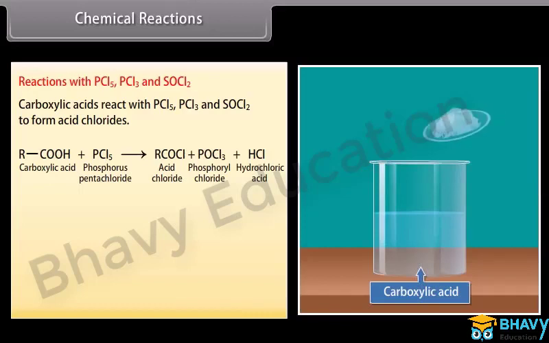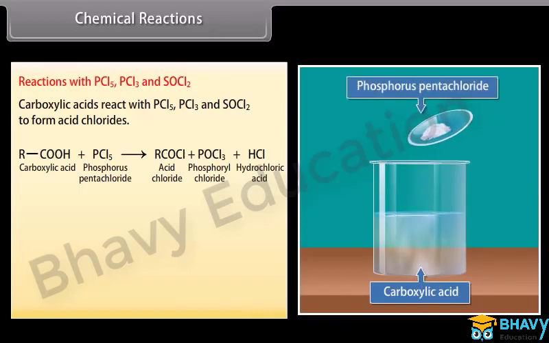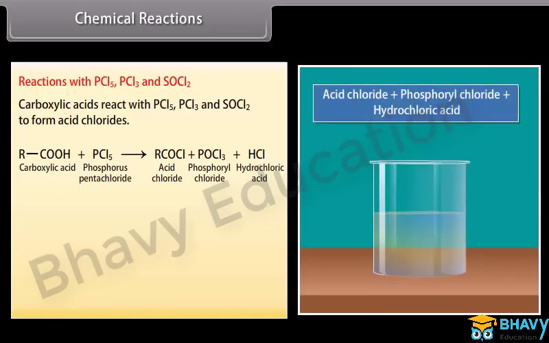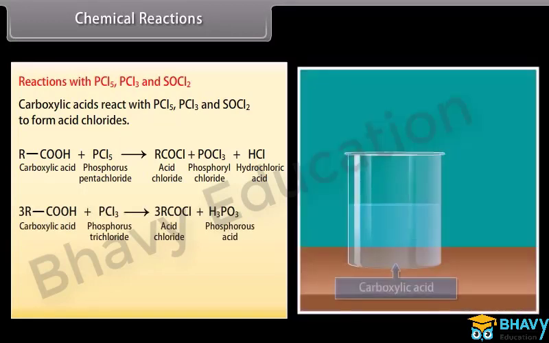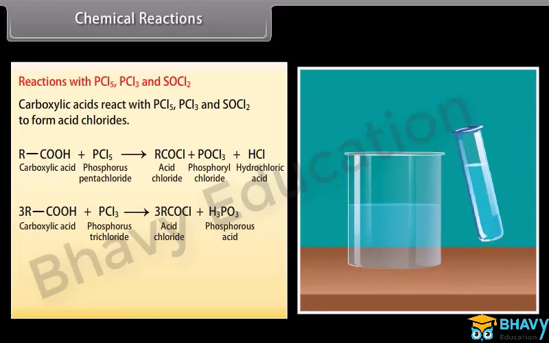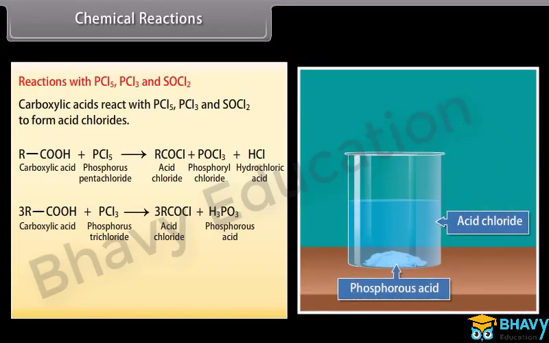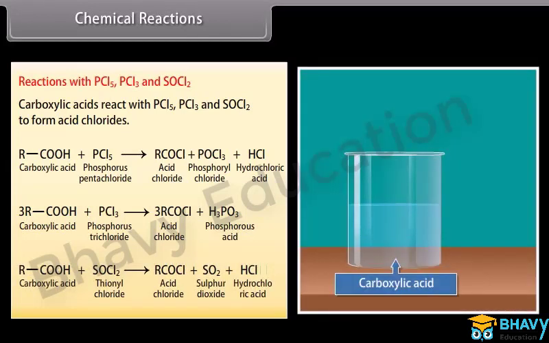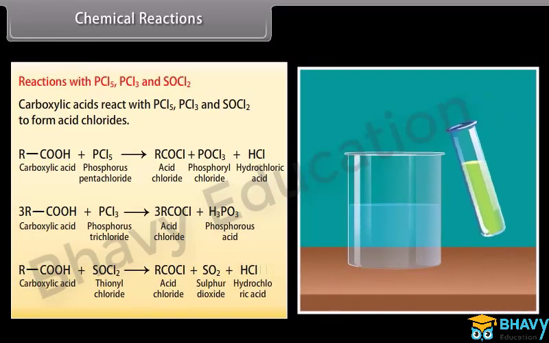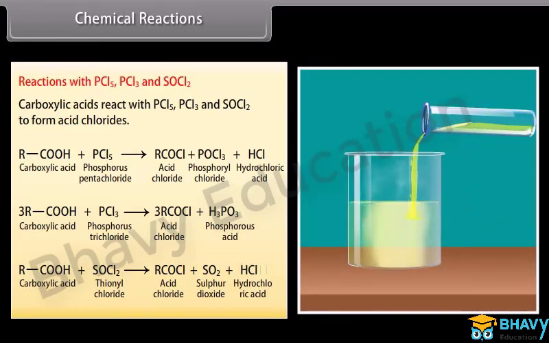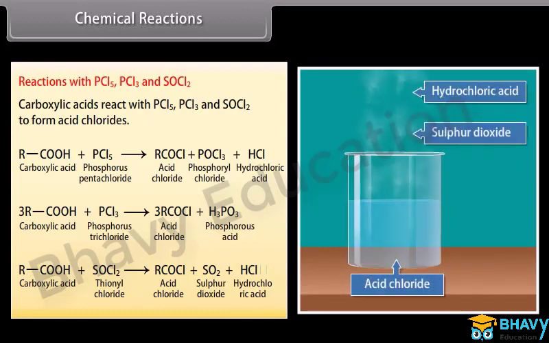Carboxylic acid reacts with phosphorus pentachloride to form acid chloride, phosphoryl chloride, and hydrochloric acid. With phosphorus trichloride, it forms acid chloride and phosphorous acid. With thionyl chloride, it forms acid chloride, sulfur dioxide, and hydrochloric acid.